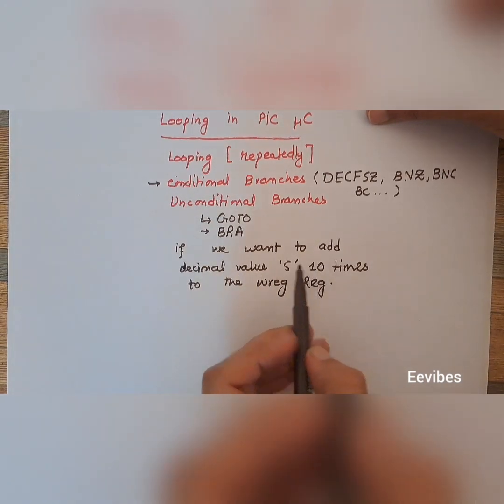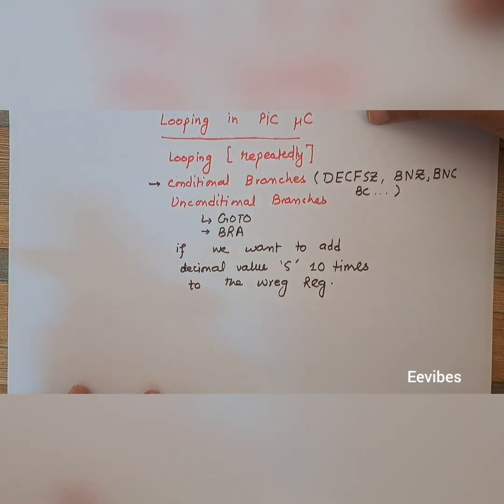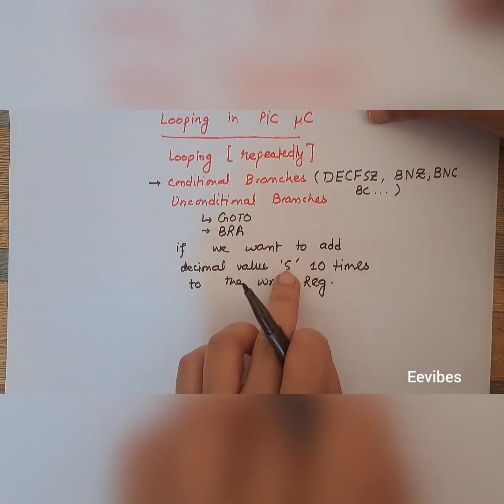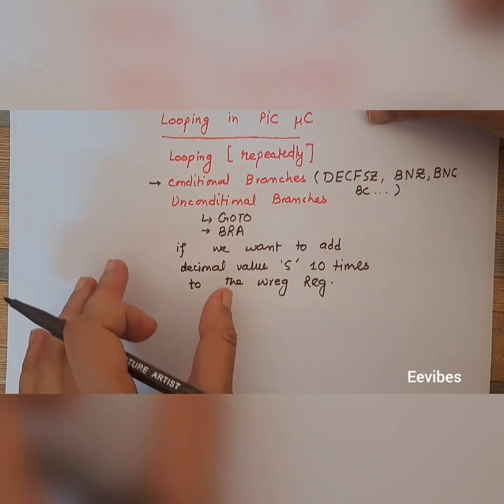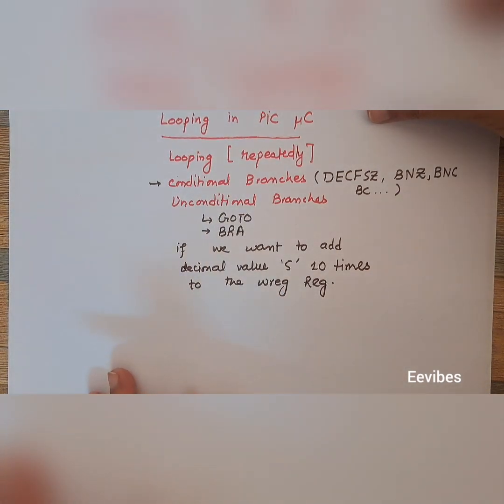Now one approach is to write 10 statements of add literal value to reg, and then you can move this 5 ten times and add it. This will be quite an inappropriate approach. Basically this is not preferred.